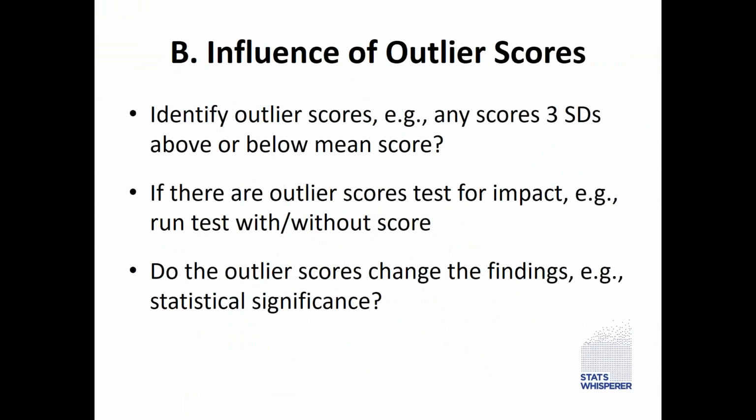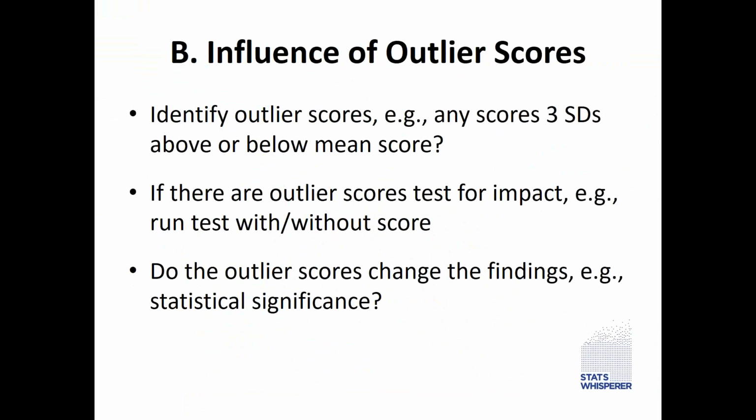Sometimes just one outlier score can actually drive findings, so something is statistically significant, but only based on one or two outlier scores. That's not a true finding, that's more of an aberration. So we want to make sure in our study that we're not being fooled by the outlier scores.